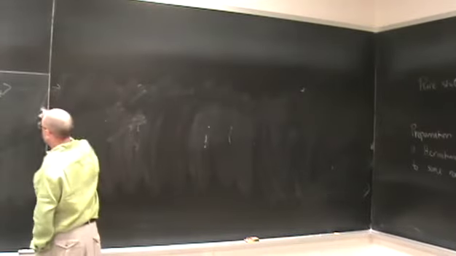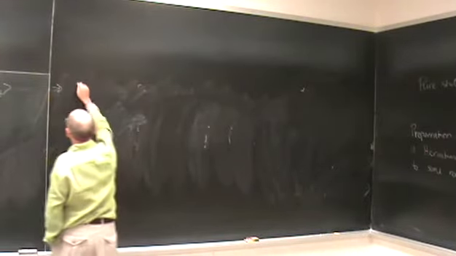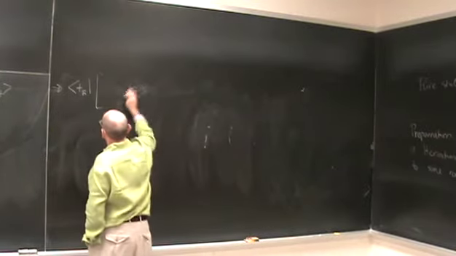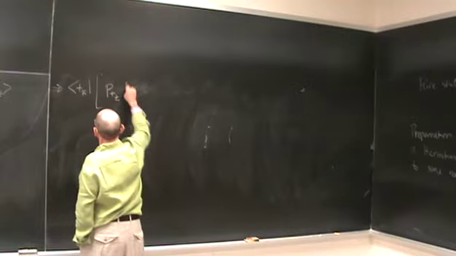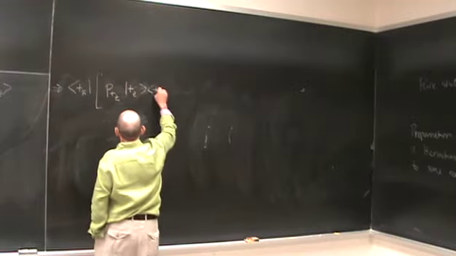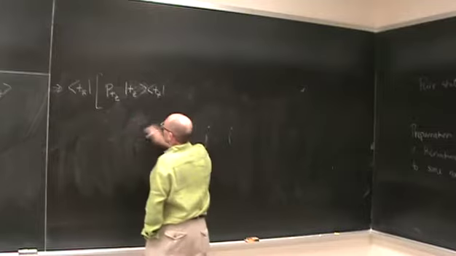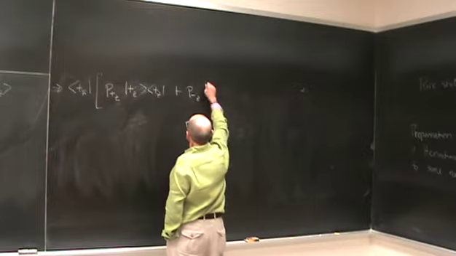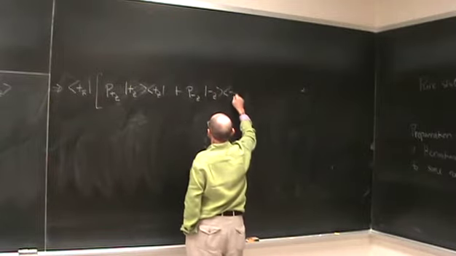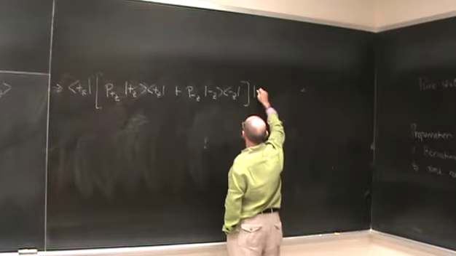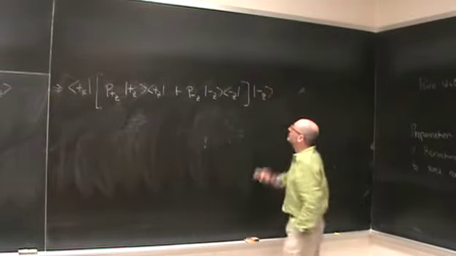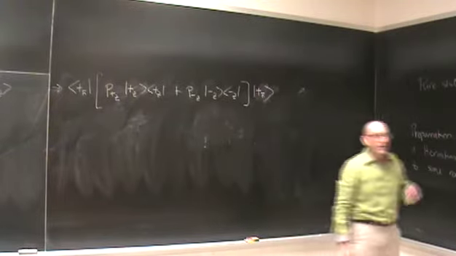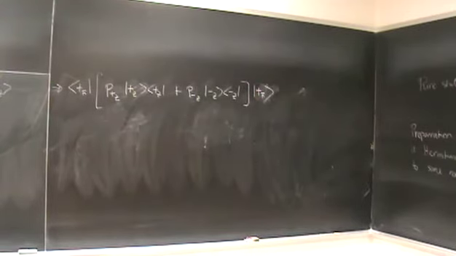This probability is equal to that rod, and then I'm going to write this as the probability she sent me up times that projector plus the probability she sent me down times that projector. You agree that those two things are equal?